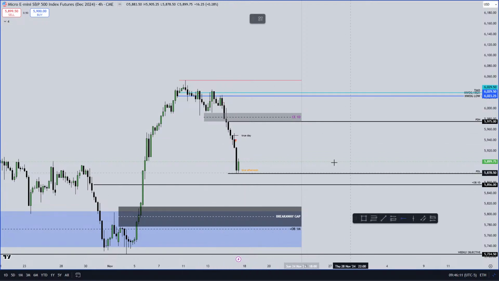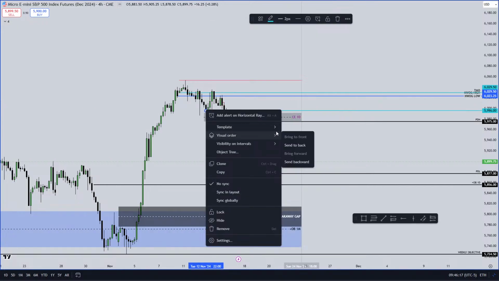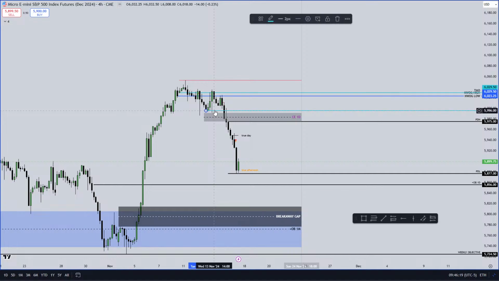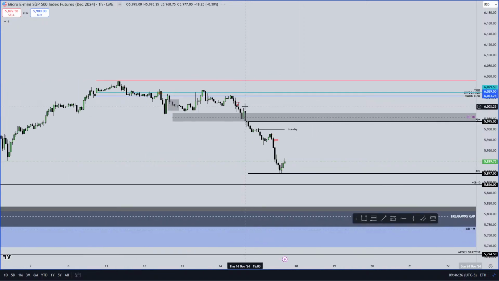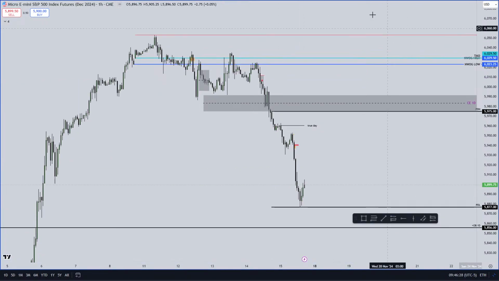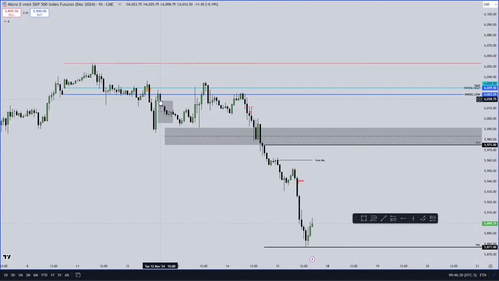This is going to be my mitigation block. These 3 consecutive down candles are going to be my mitigation block.